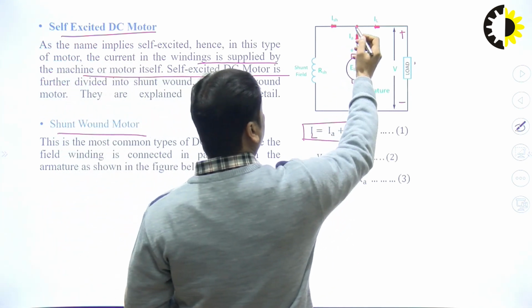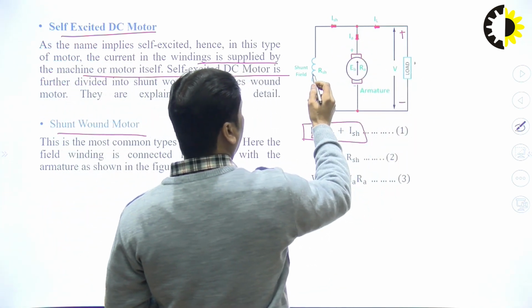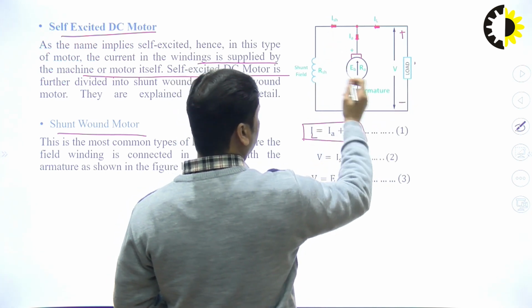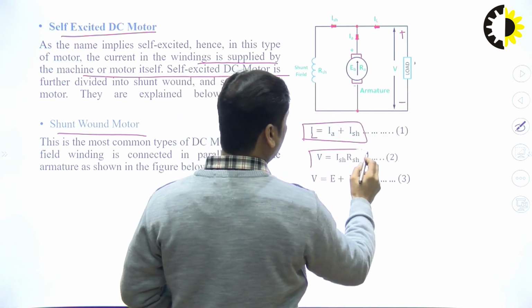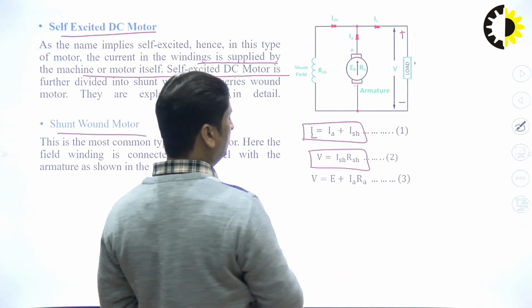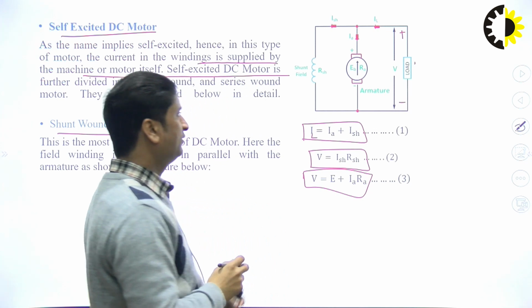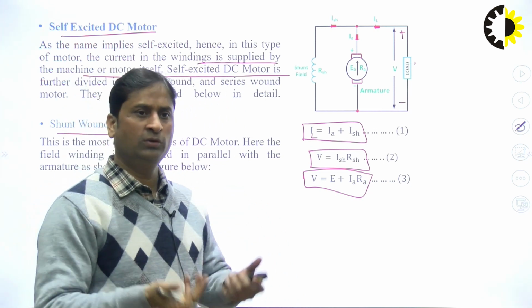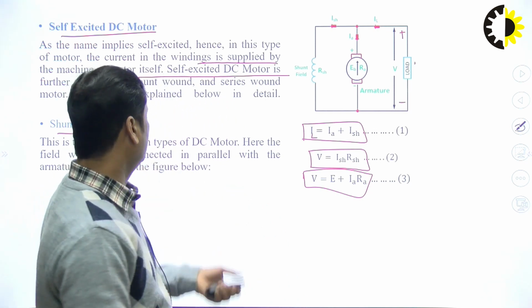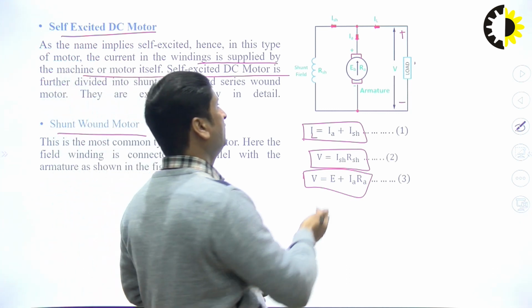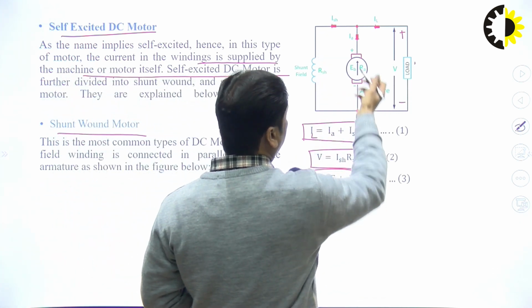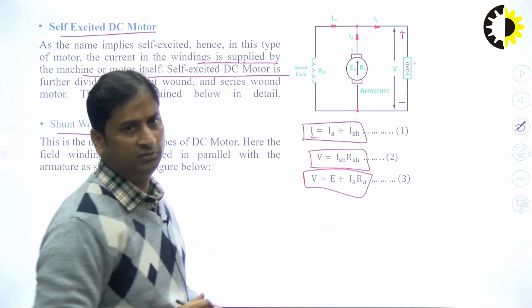Then the voltage V is equal to Ish into Rsh, because they are in parallel. And again V is equal to Eb plus Ia Ra. These are the equations for the shunt wound motor. The main characteristic is that the field winding is connected in parallel with the armature.